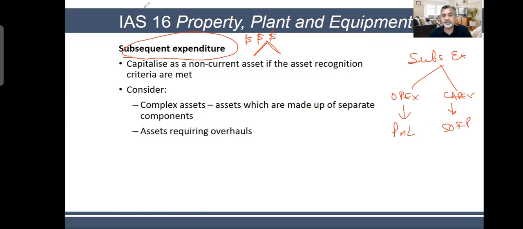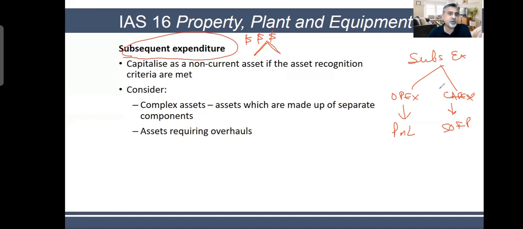Because the decision between these two is going to change your profitability. If you say it is OPEX, you take it to P&L and profit goes down. If you call it CAPEX, it does not impact your profitability. In fact, you take it to the balance sheet and assets go up. So there is a significant impact that comes with your decision.